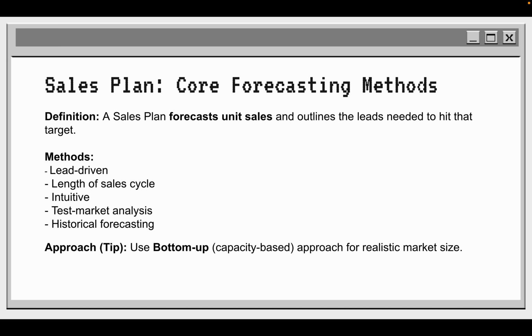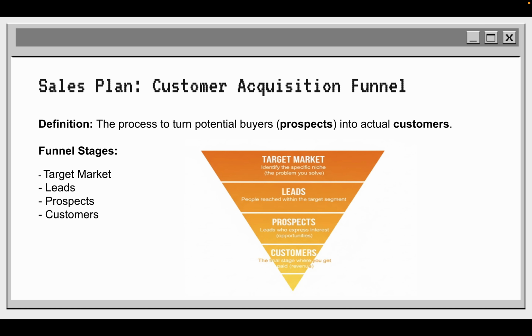In length of sales cycle, we analyze how long it takes a lead to become a sale. In intuitive, we trust salespeople's personal expertise to forecast sales. In test market analysis, we use a limited launch to analyze response and refine the forecast. In historical forecasting, we use past data to project sales assuming stable growth.